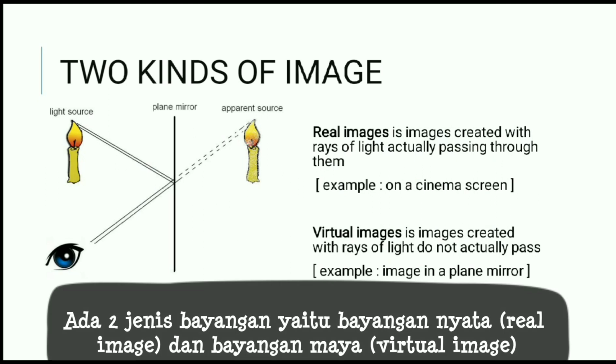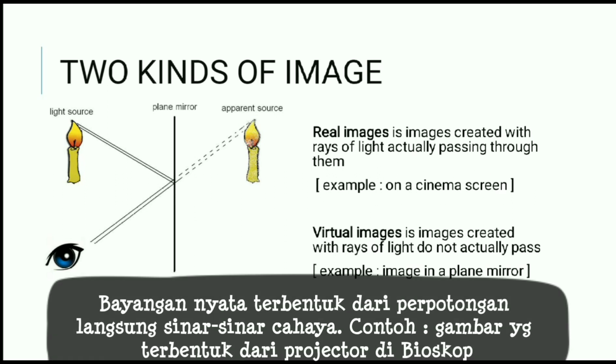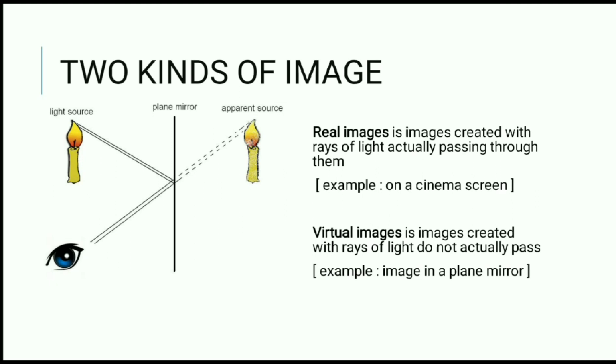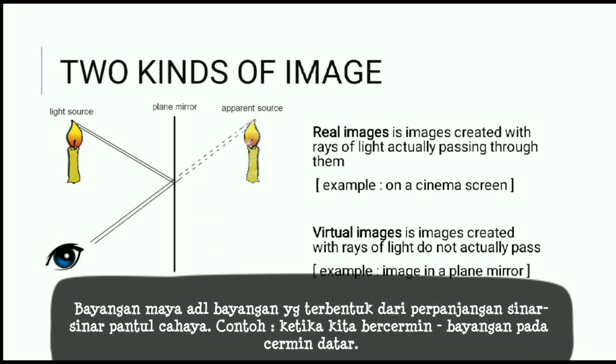Okay, then we go to the image. There are two types of images, real images and virtual images. A real image is an image created with rays of light actually passing through it, for example, the cinema screen or the theater screen. But a virtual image is an image created with rays of light that do not actually pass through it, for example, our picture in front of the mirror.